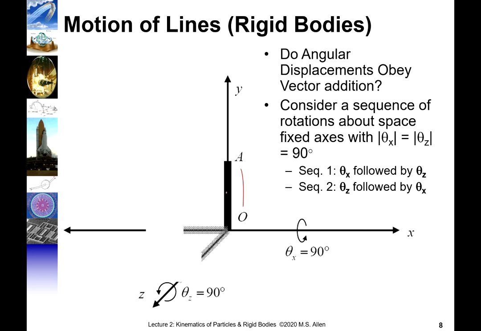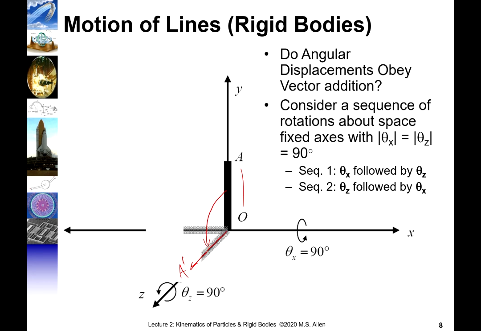So that one would take this and put it here, and so we'd have A prime on the z-axis. And then if we rotate about theta z, we're just going to spin this vector about its axis, and nothing happens. It's still in that same place. Just to be more accurate, we'll draw it like that.